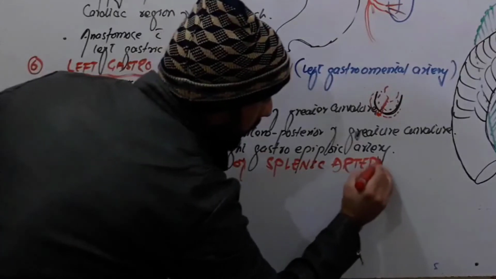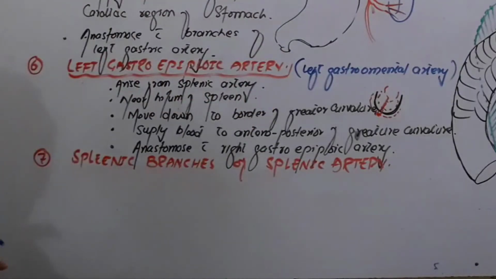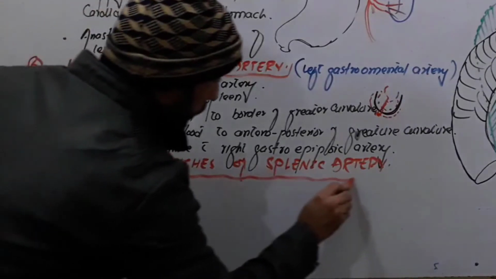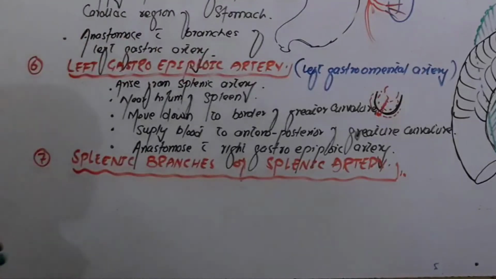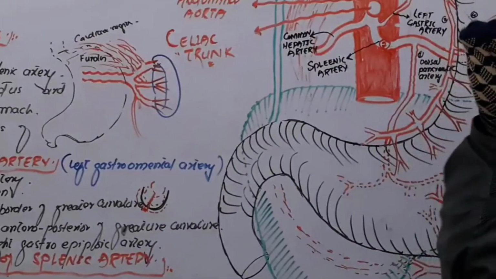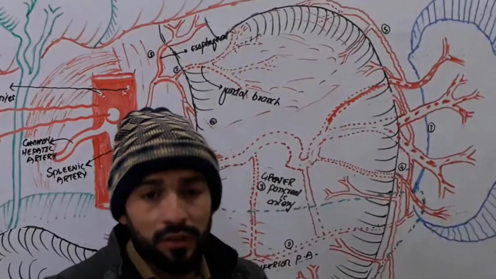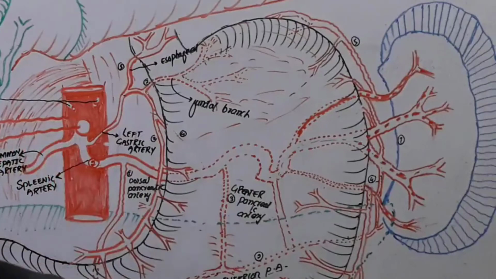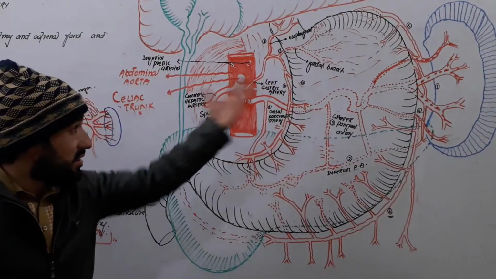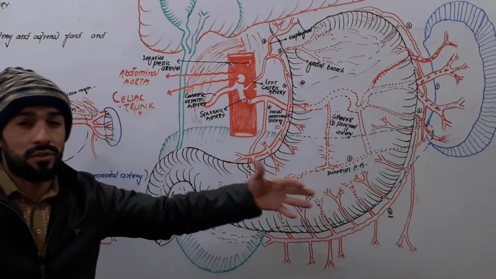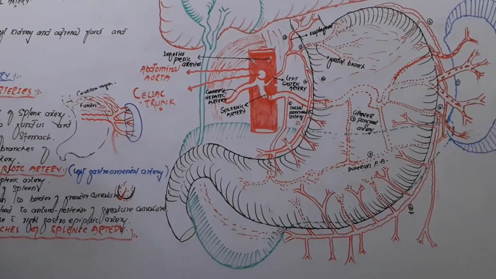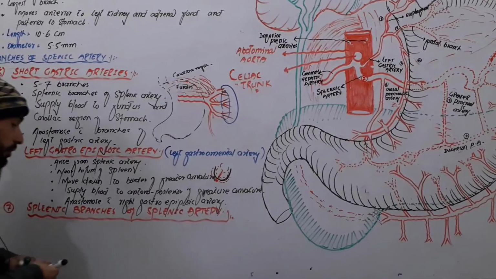There are about 4 to 5, or some books say about 3 splenic branches of the splenic artery, and when they enter the spleen they give off 5 to 6 segmental branches which are responsible for supplying blood to the spleen. We are not going to enter inside the spleen and see all those branches. We are just concerned with the branches of the splenic artery. So these arteries supply blood to the spleen.